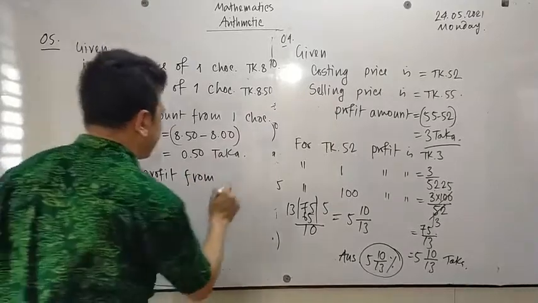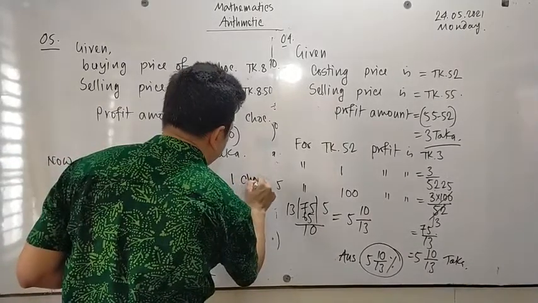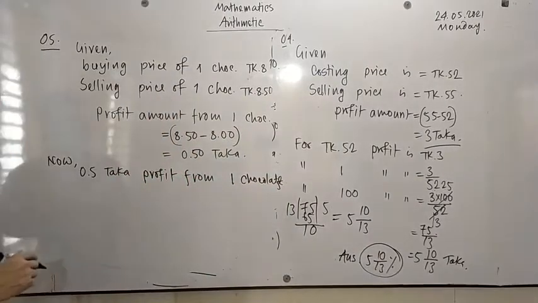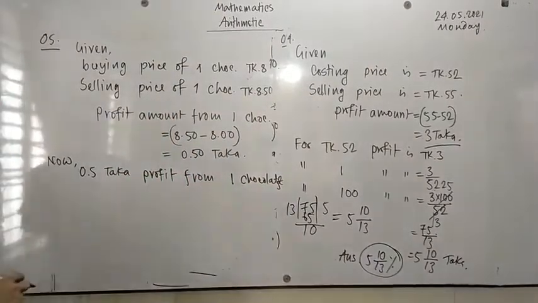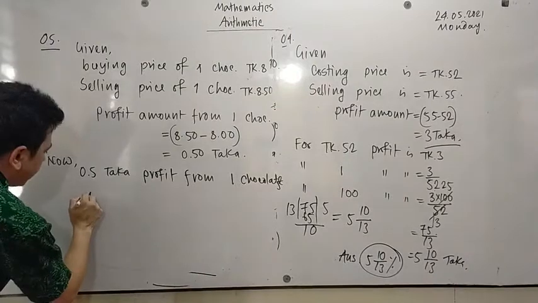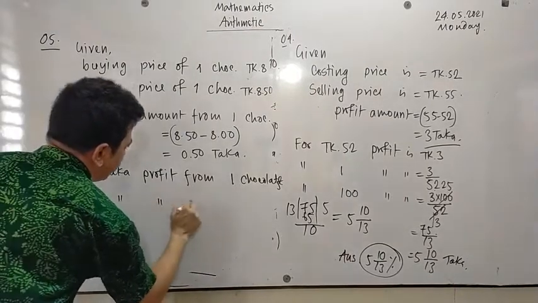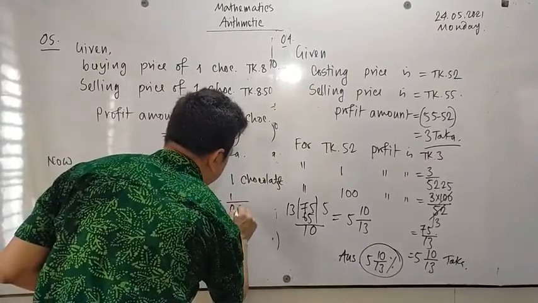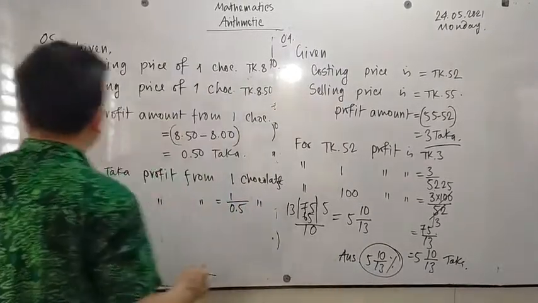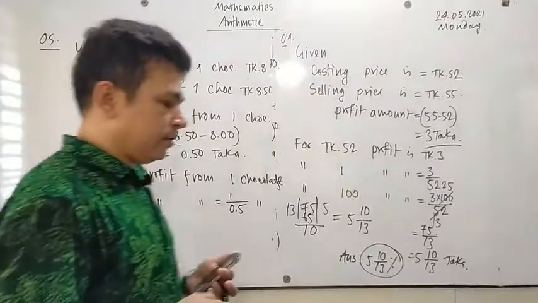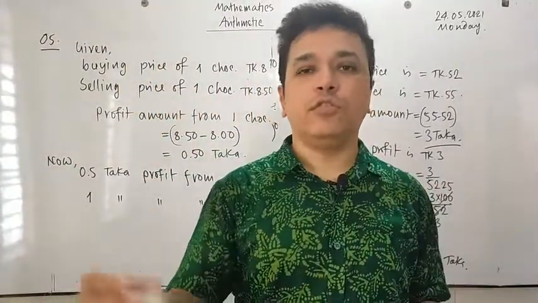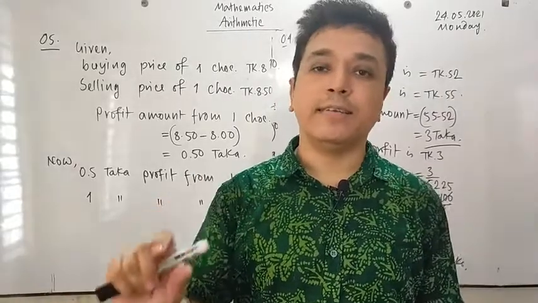So 0.5 taka profit from one chocolate, and 1 taka profit from 1 divided by 0.5 chocolate.